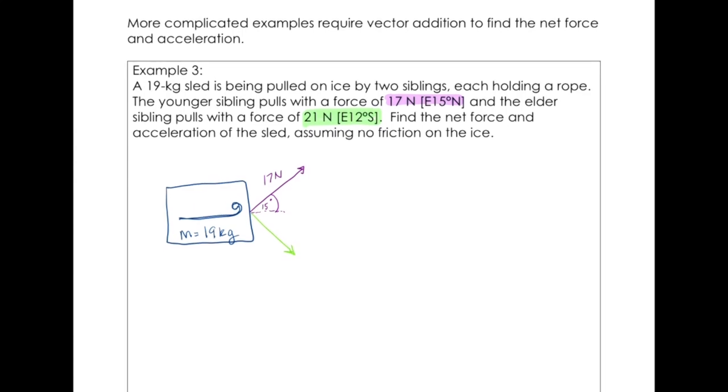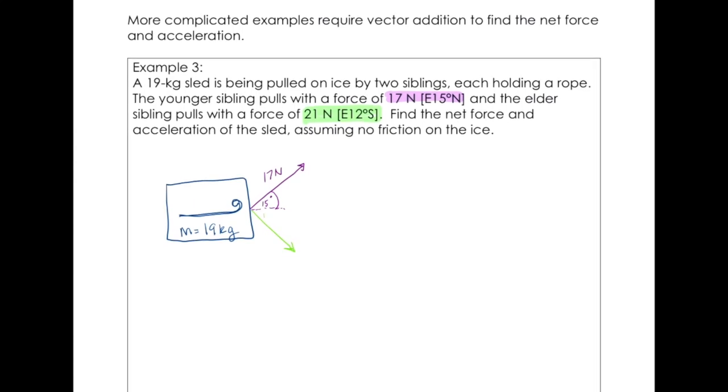My drawing is not to scale, but it's mostly important that you put the items in order. And that was 21 newtons. Just make sure that you label everything properly. It's okay if it's not all to scale.